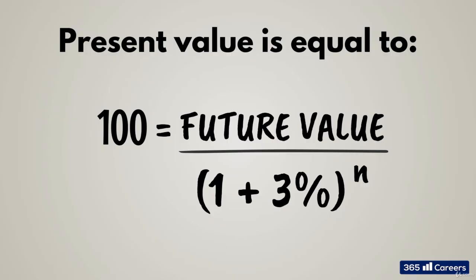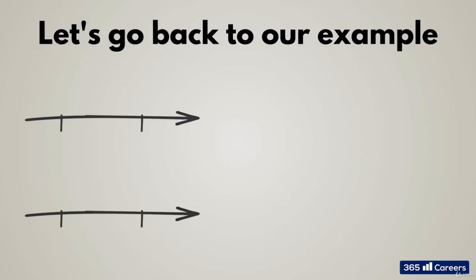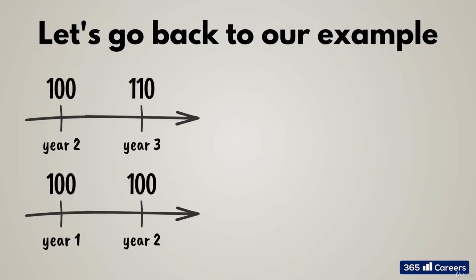Now that we have learned this, we can go to our first example and calculate which one of the two cash flows has a higher present value. Here are the two sets of cash flows. The first one involves a payment in year 2 that is equal to 100, and another payment in year 3 that is equal to 110. To calculate present value, assuming an interest rate of 10%, we must use the formula we have here.